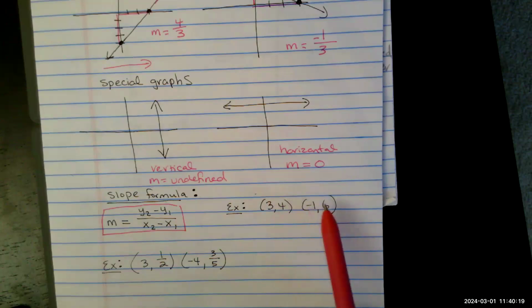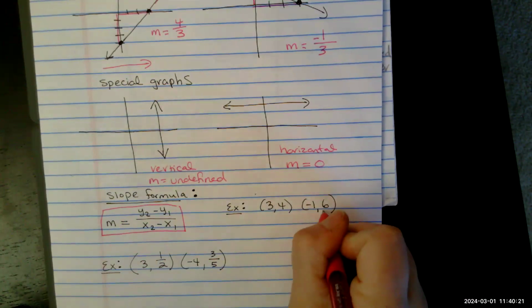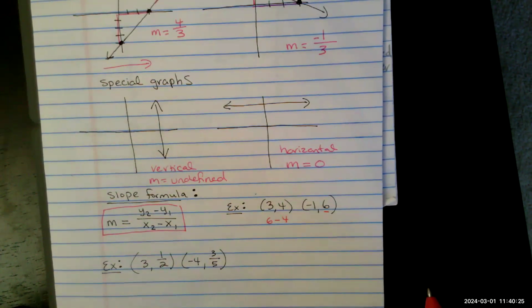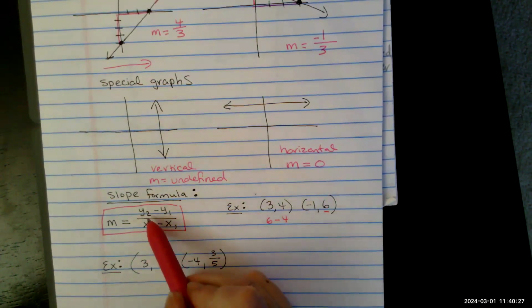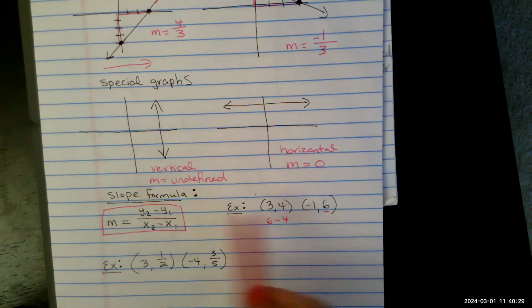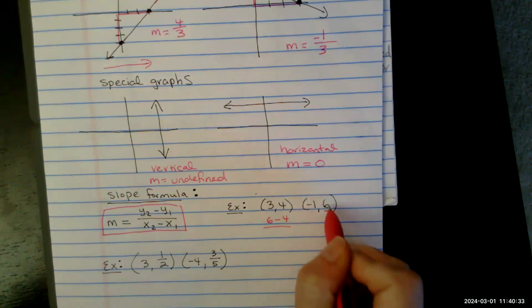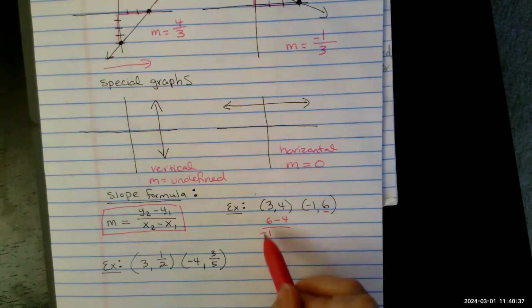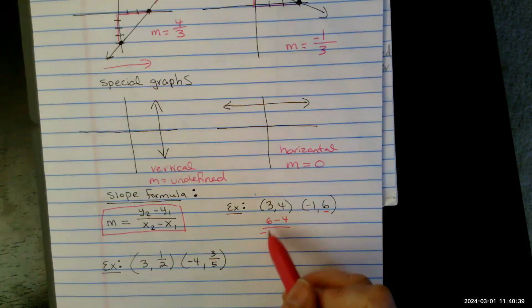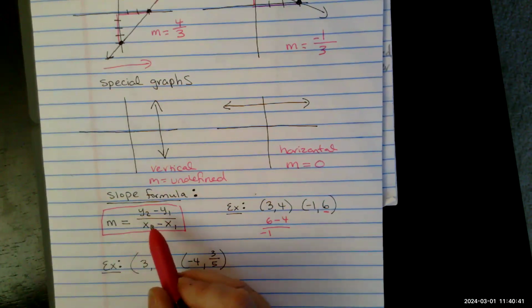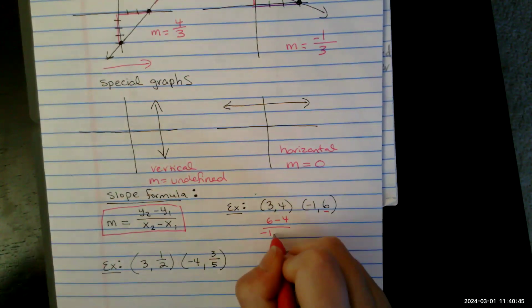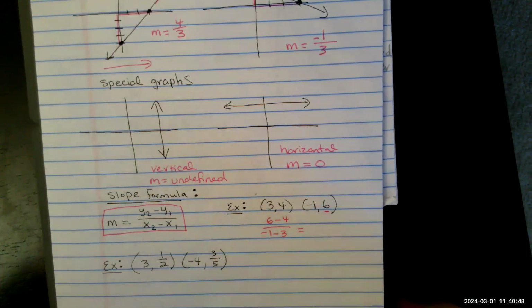So when you have your 2 points, if you start with 6 and say 6 minus 4 on top, this is just trying to explain that you need to start with that same point when you go to do the x's on the bottom. So if I choose to start with the 6, that's fine, but I have to now start with the -1 since these came from the same point. That's all that is saying. Otherwise, you can just think of it as y minus y and x minus x. Just be careful with the negatives.